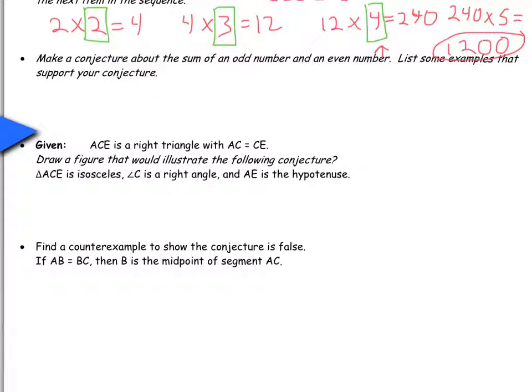Looking at my next question, make a conjecture about the sum of an odd number and an even number. List some examples that support your conjecture. Let's look at an example.